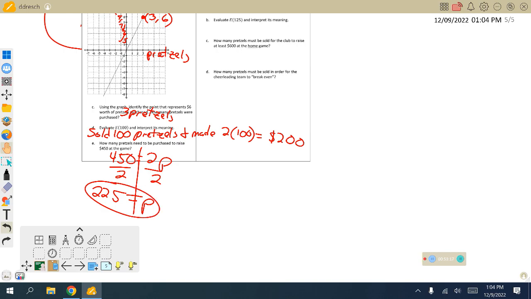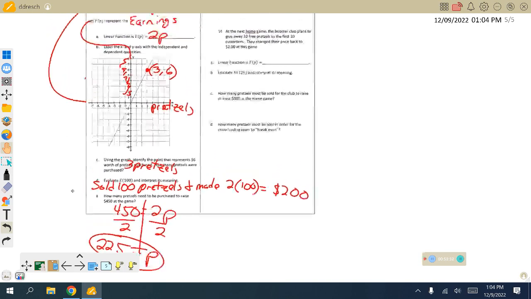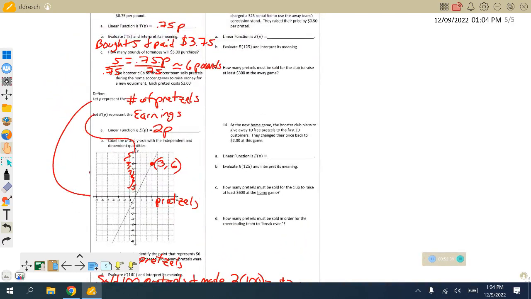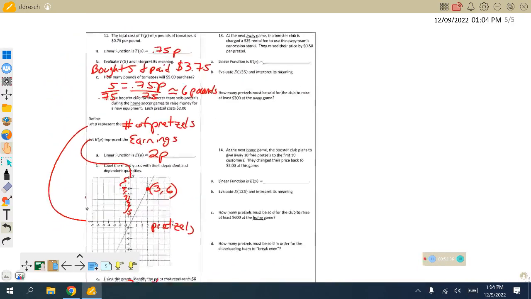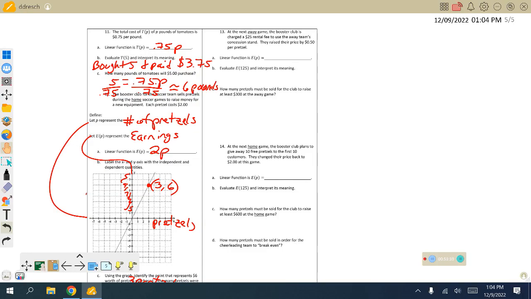We then modified that question. We modified it to give away freebies or to pay a rental fee. And that's where now it comes right back to the question on your quiz. We build up to that. Let's scroll up to the top of this here now, and let's look at number 13. We're at the away game.